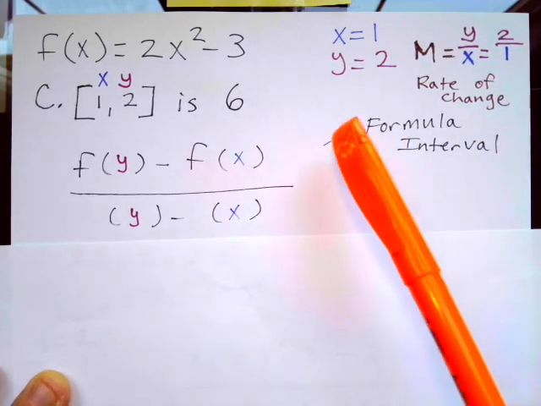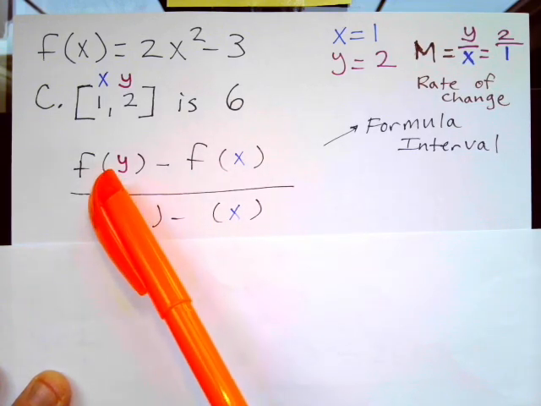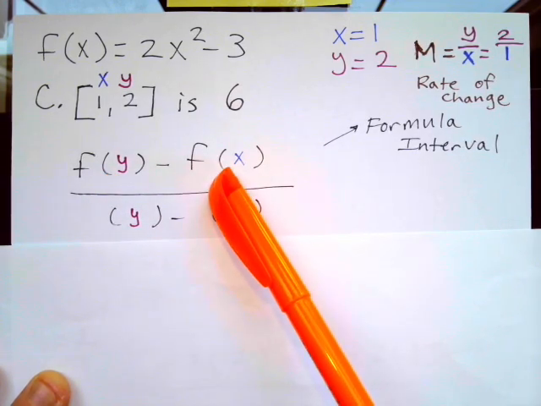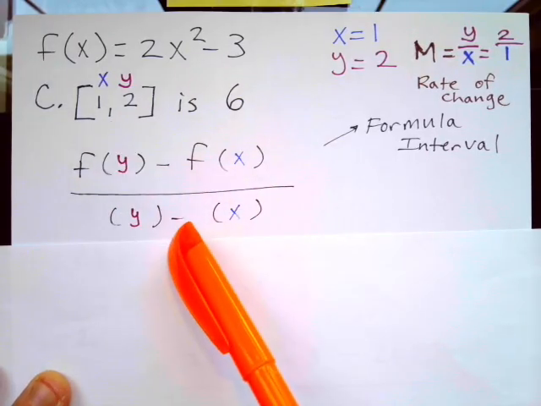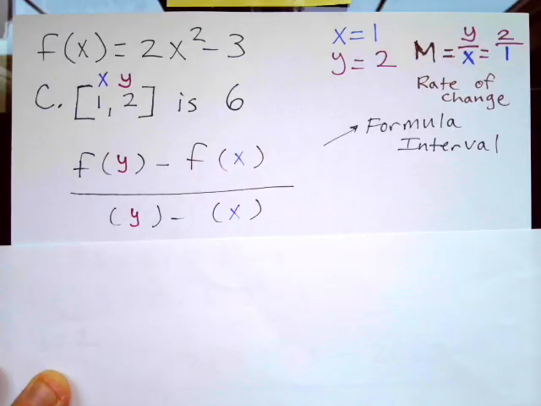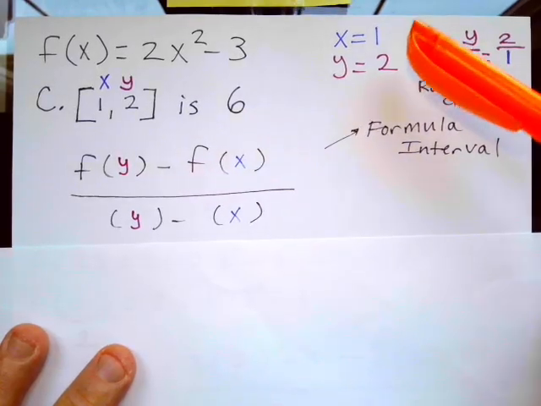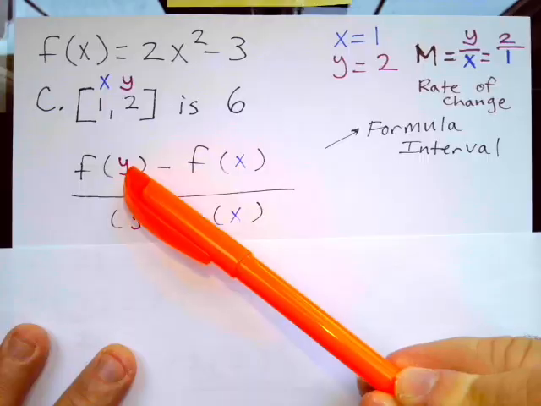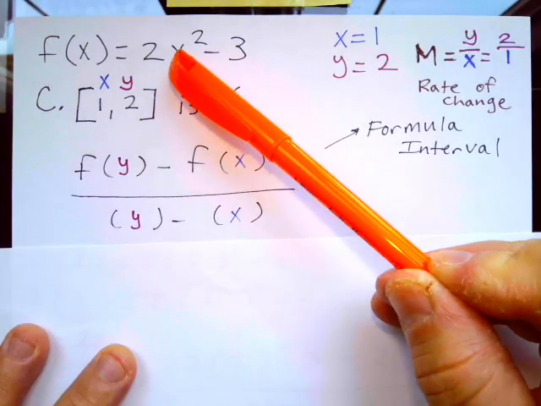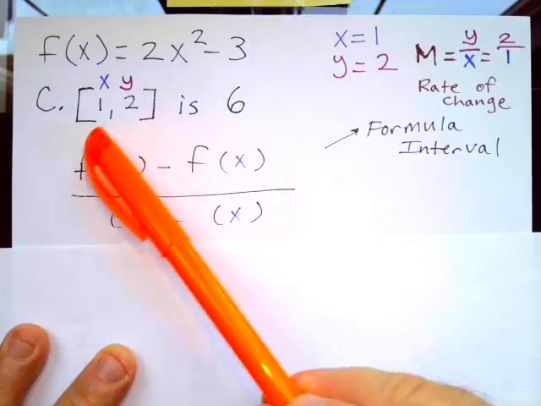Okay, so here's the formula for the intervals. I'm going to substitute. I'm going to find my f of y minus my f of x, all divided by my y value, which is 2, minus my x value, which is 1. To find the f of y, you'll substitute a 2 everywhere you see y in the function. 2 squared times 2 minus 3 gives me my f of y.